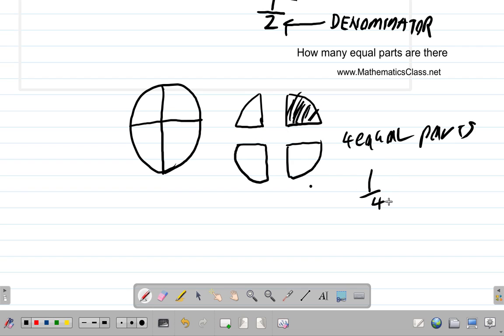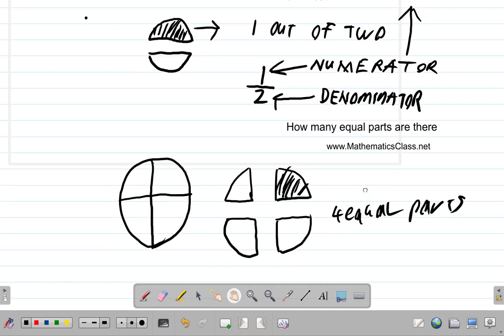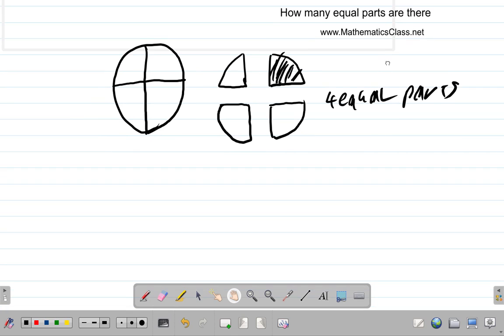You choose 1 out of 4. You see that. Alright. Out of 4. So the denominator and the numerator. The denominator tells you how many are there. The numerator tells you how many you choose. You see.